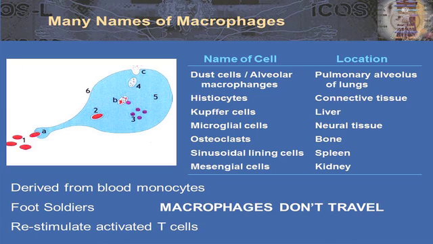functions. But when they are turned on, and we'll talk about how they're turned on by cytokines, they then become very potent killers, and they can internalize and degrade pathogens. At the same time, they also are professional antigen-presenting cells because some of the antigens that they take in will ultimately resurface in the context of MHC, and they are capable of stimulating an adaptive immune response.